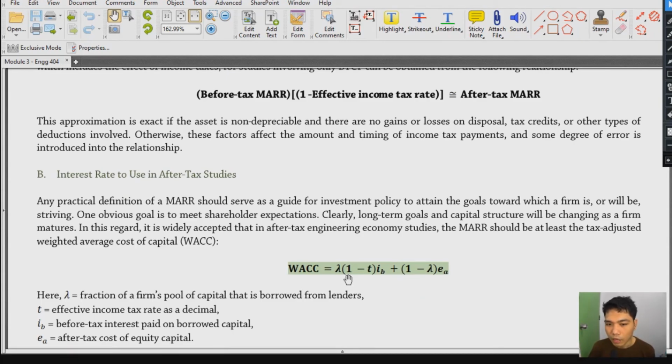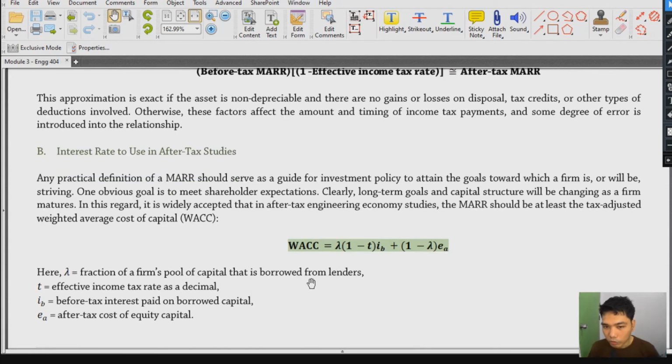So, that's lambda times (1 minus t) multiplied by I sub b, plus (1 minus lambda) times E sub A. So, ano ba itong mga to? So, yung lambda natin is the fraction of the firm's pool of capital that is borrowed from lenders. So, example, nagkaroon ka ng certain capital, and then yung capital na yun is binorrow mo siya. So, kasi di ba minsan may mga taong businessman.